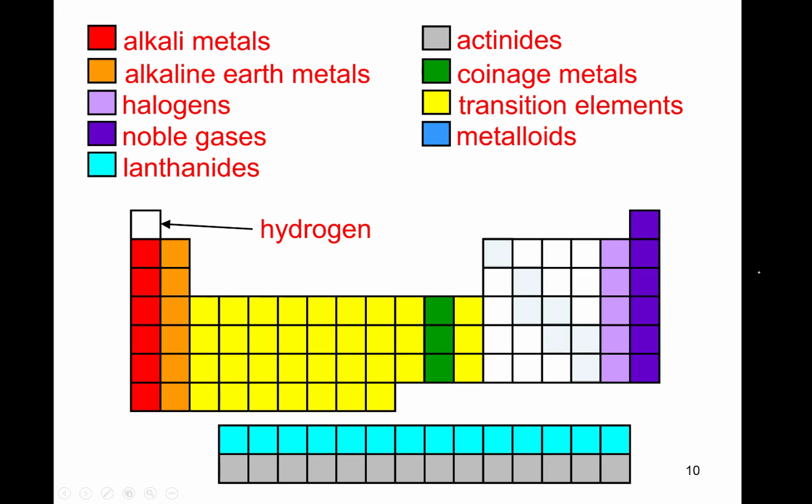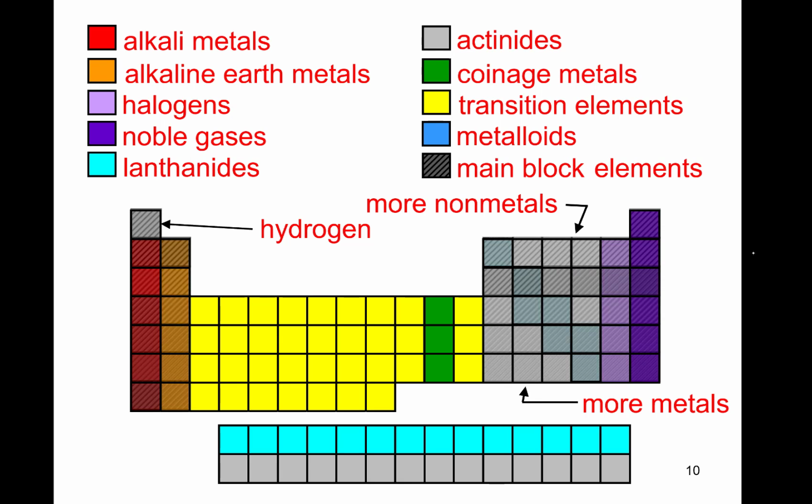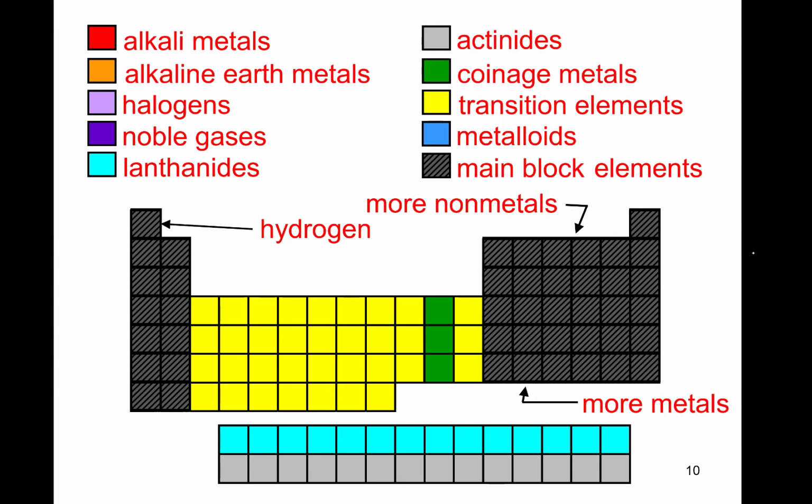The metalloids touch the staircase, except not aluminum. And then the ones we haven't colored in to the right of the staircase are nonmetals, which we already talked about. And then to the left of the staircase, which we haven't colored in, are metals. The main blocks, like we said, are groups 1 through 2 and then 13 through 18.